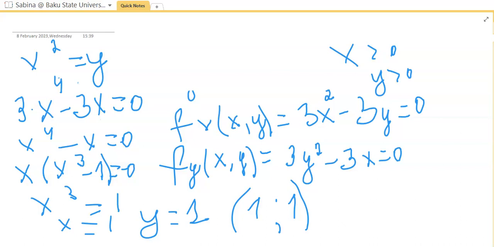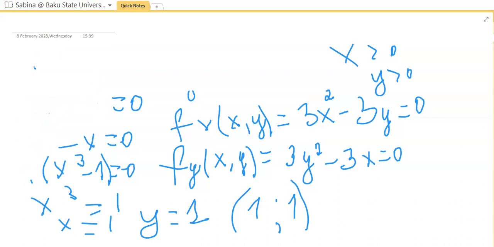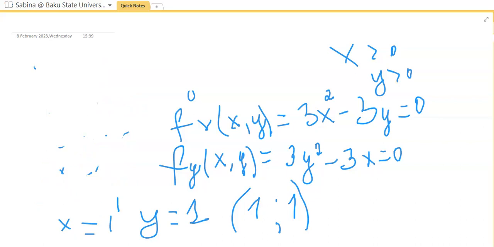The next step to find extremum of function is that we have to find the second derivatives of this function with respect to x and y. Let's find them. Let's clean this part, and I'm going to show you how to find second derivative.